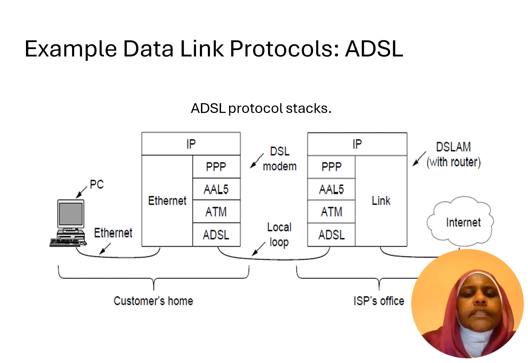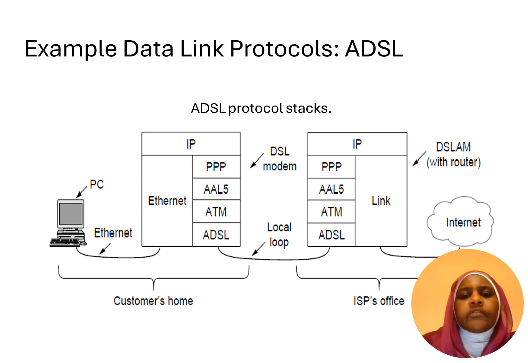Then the ATM cells will be sent through the ADSL layer on the physical link, the local loop, to the ISP office, where it will be received by the DSLAM and the router connected to it, if that is the configuration.